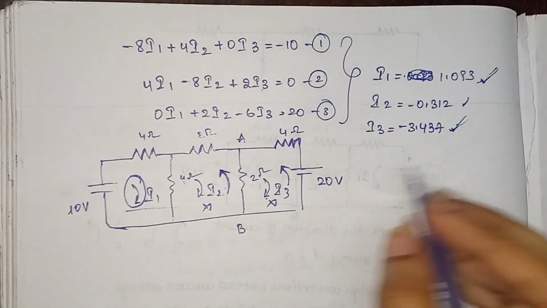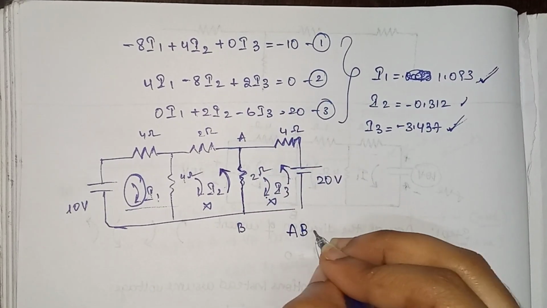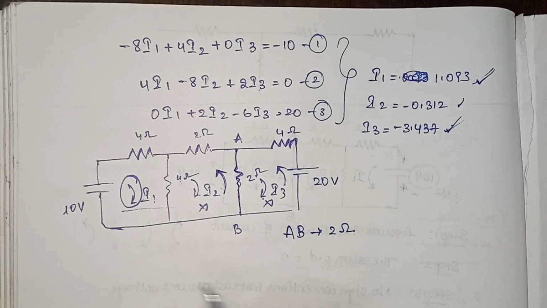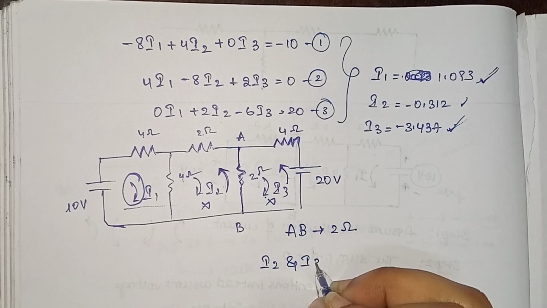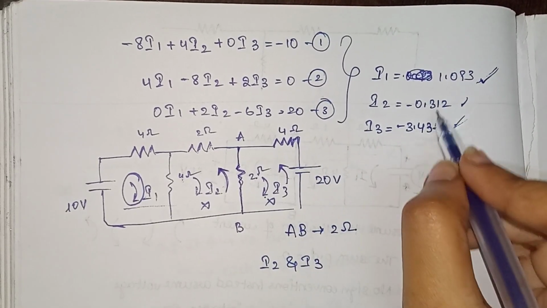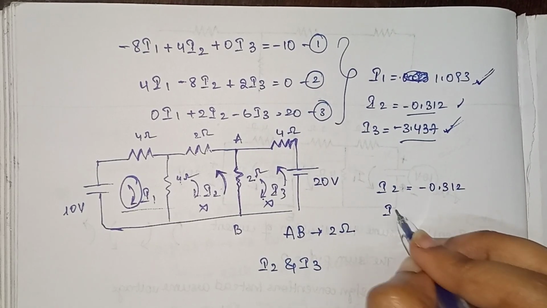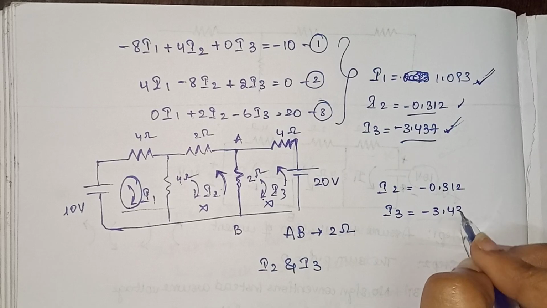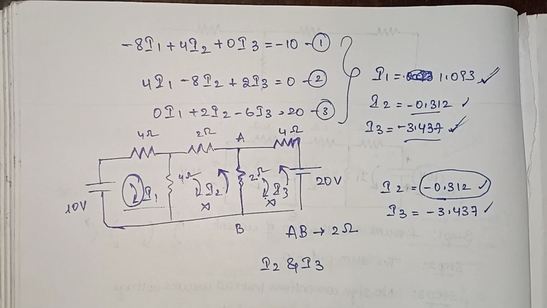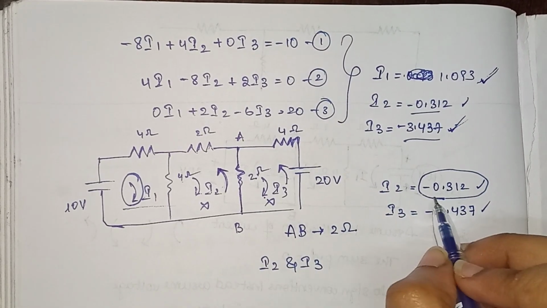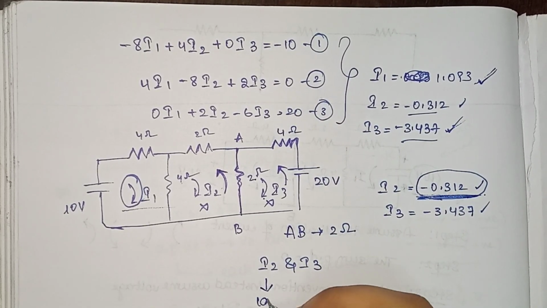And now we need to find the mesh analysis for this particular AB, which has 2 ohms of resistance. This 2 ohms is shared by I2 and I3, right? I2 has minus 0.312 and I3 has minus 3.437. Which is the biggest value? Minus 0.312 is the biggest value, so this is the largest number.